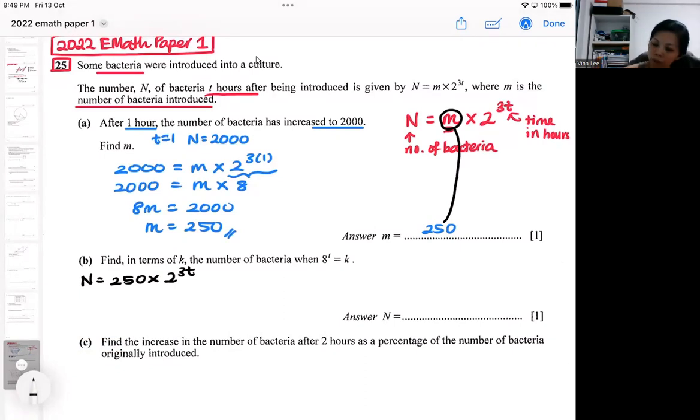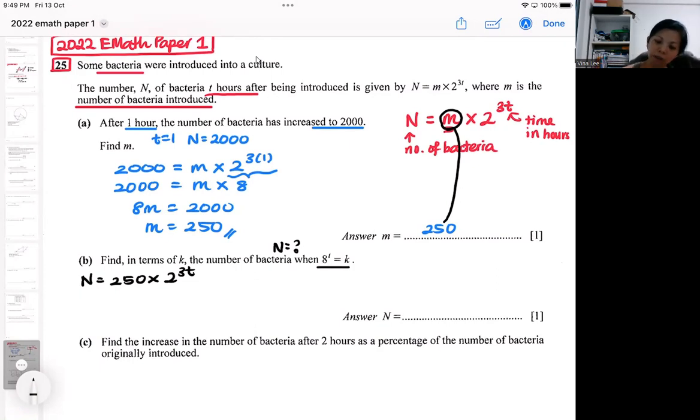Now I would like you to know that we are interested in finding the number of bacteria. That means I'm interested to find N, but I'm not given any value of T. So instead of giving a value of T, I know this. So where does the 8 to the power of T come from?